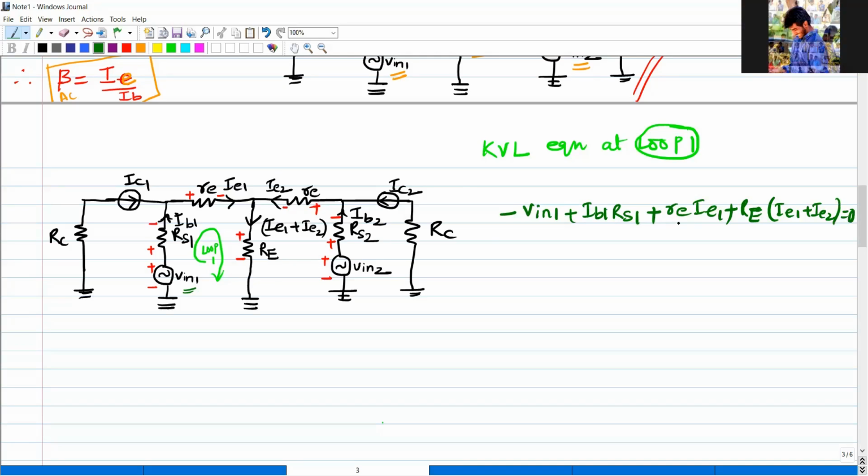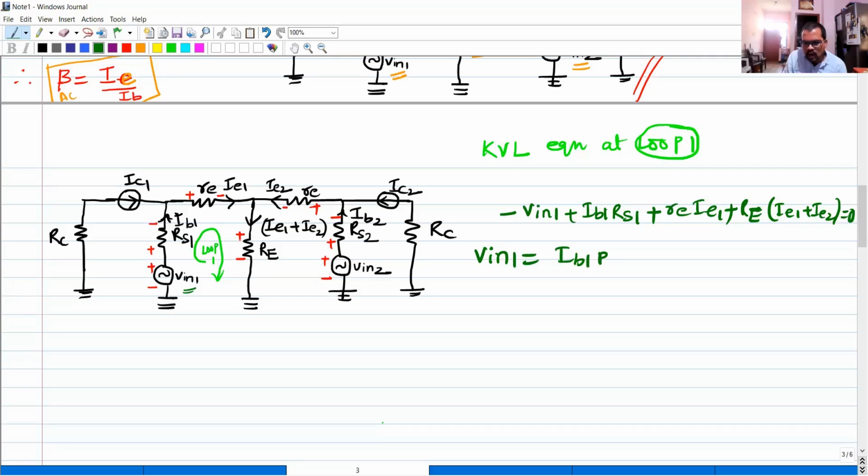So I want to rewrite this equation: Vin1 is equal to IB1 RS1 plus RE IE1 plus RE, I want to separate this one, IE1 plus RE IE2. Is it right?